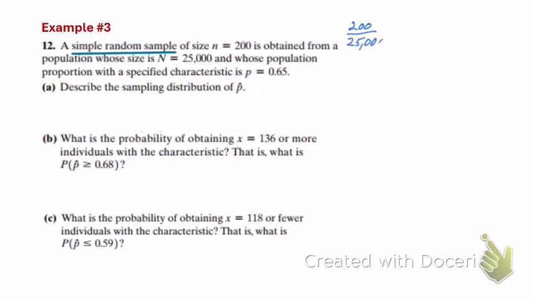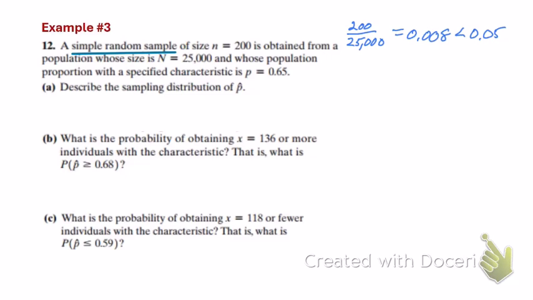Let's see. So I divide 200 by 25,000, and I'm getting 0.008. Well, that's way less than 5%. We know it's random, so we met our 2 conditions to be able to do this. So always check those, because we might get a quiz or something that's not true, and you'd go, well, I'll figure the answer out for you, but I can't promise it's accurate because we didn't meet the conditions.